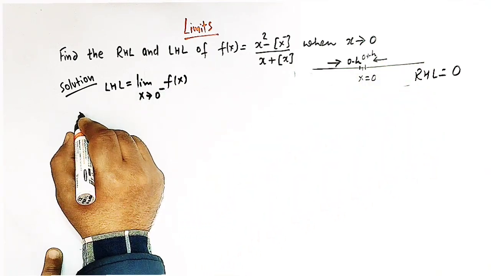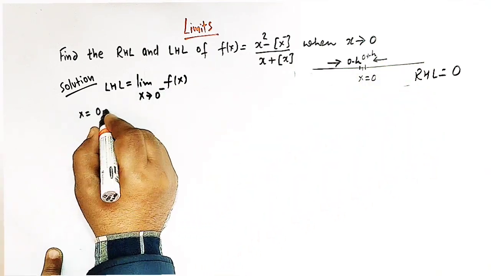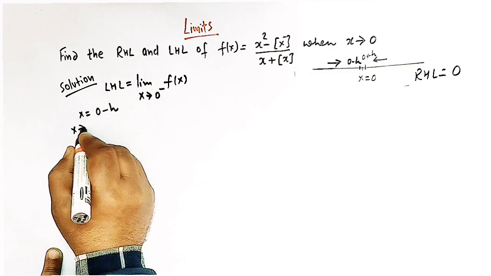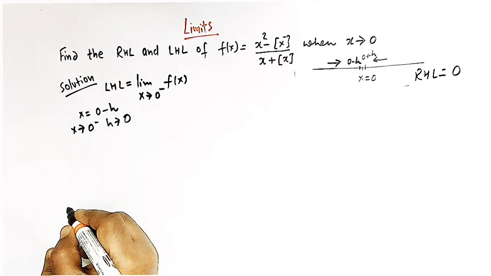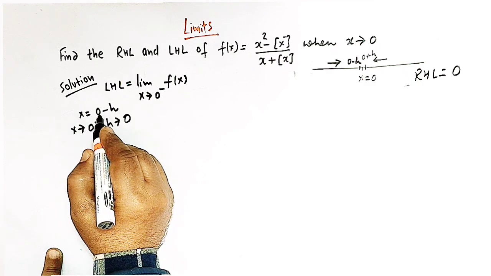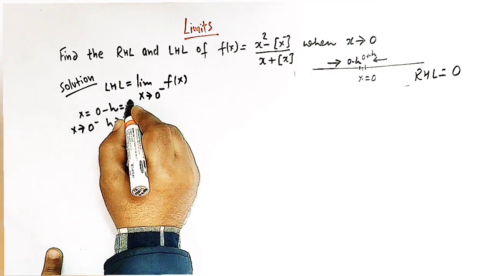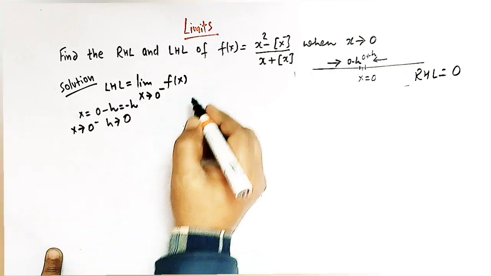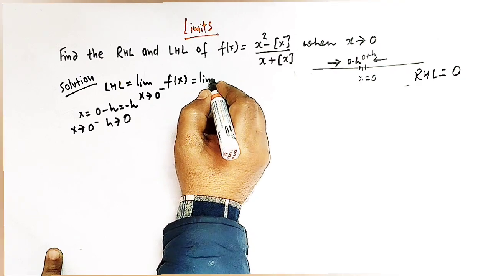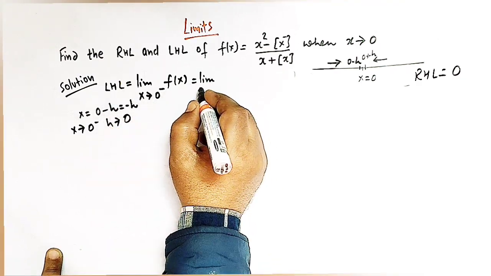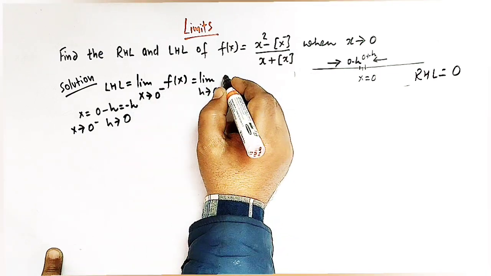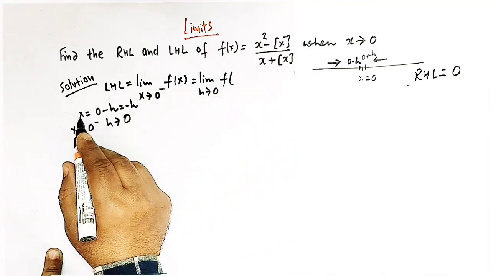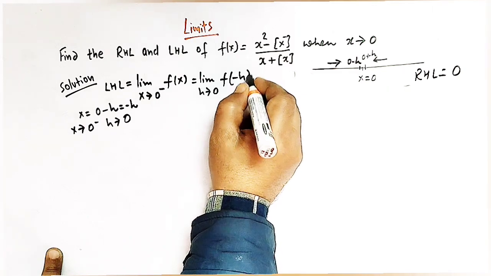So here we take x is equal to 0 minus h. When x tends to 0, then h tends to 0. So x is equal to 0 minus h, that is equal to minus h, right? So now we can write the left hand limit as limit h tends to 0, and here we have f of x. x is minus h.